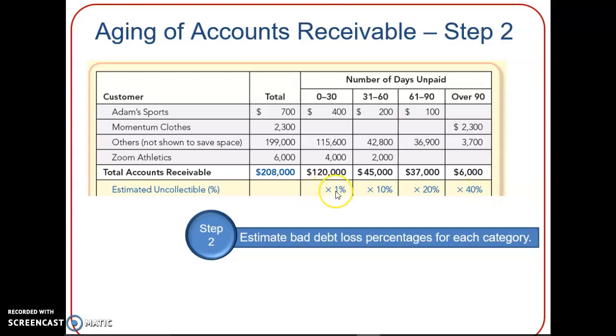So we give a 1% estimate for 0 to 30 days, 10% for 31 to 60, 20% for 61 to 90, and 40% for over 90 days.